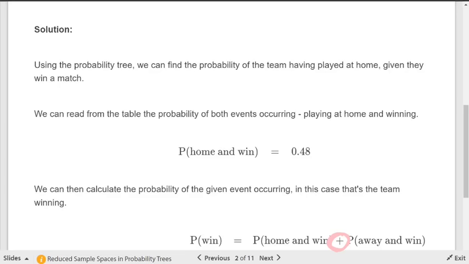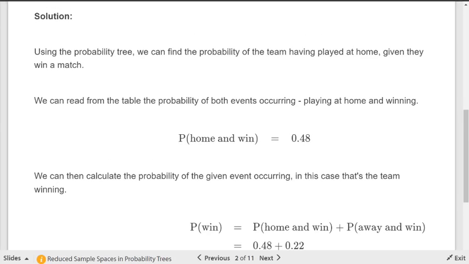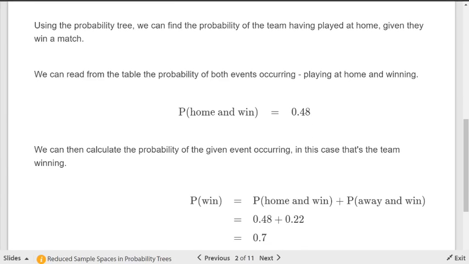So you're either going to win at home or you're going to win away. And that's just the probability of every win. Well, the probability of win at home, we already know, is 0.48. If you look at the tree, the probability of winning away is 0.22. And we're simply going to add those together, which gives us 0.7. Okay? So that's every probability, the probability that you won.